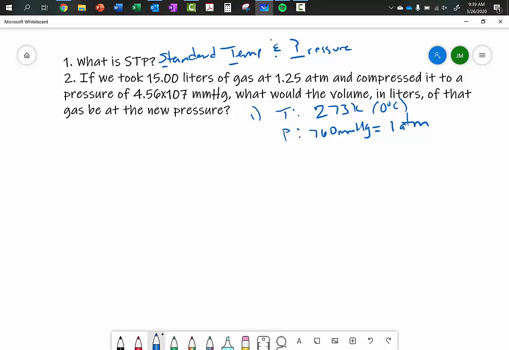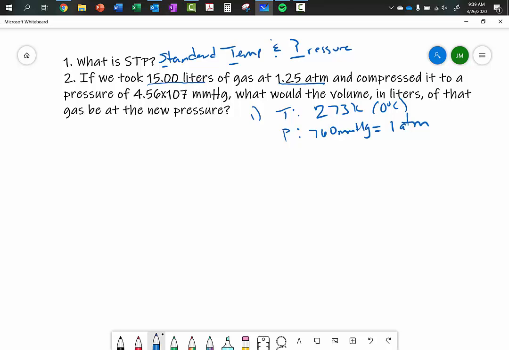Number 2, if we took 15 liters of gas at 1.25 atm and compressed it to a pressure of 4.56 times 10 to the 7th millimeters of mercury, what would the volume in liters of that gas be at the new pressure? All right, so for this one, let's just list the things that we have. We have a volume here and a pressure here.